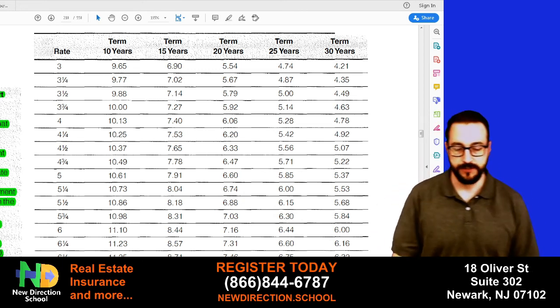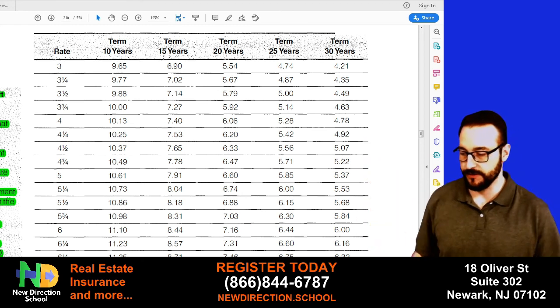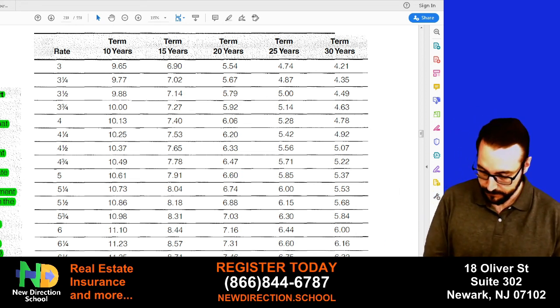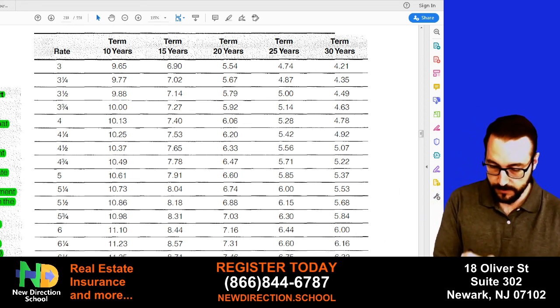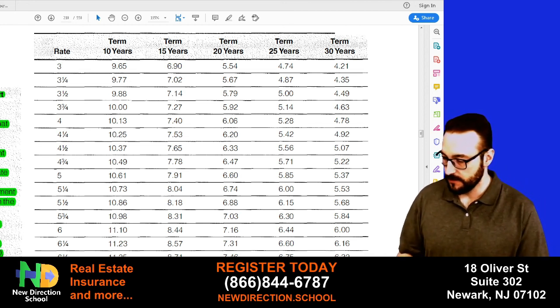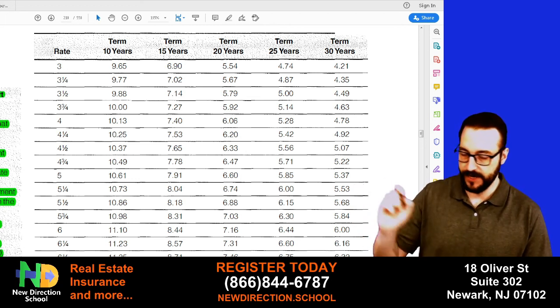The first thing we need to figure out for 30 years, which is this column right here, is what is the amount needed to amortize. 5.25 for 30 years is 5.53.